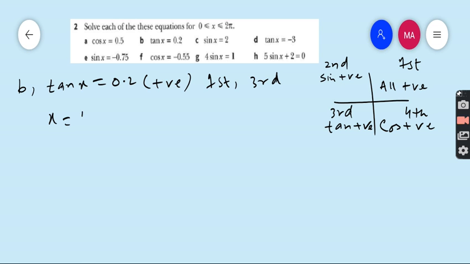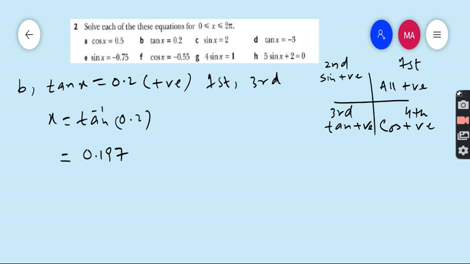First we find the value of x using tan inverse 0.2, and your calculator is in radian mode. Tan inverse 0.2 is 0.197. This is the first answer, and obviously this value is in the first quadrant.